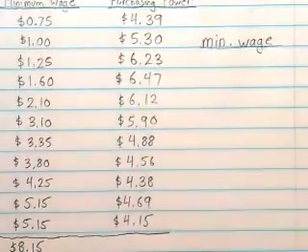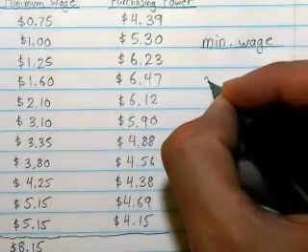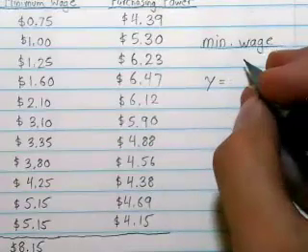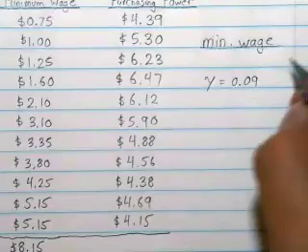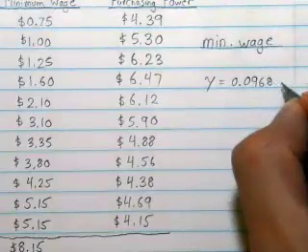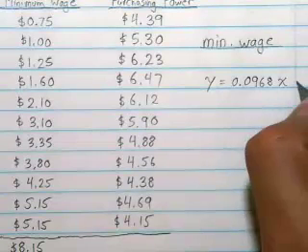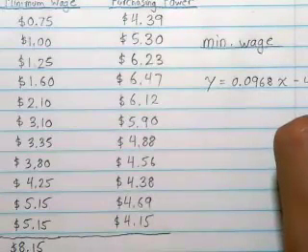You don't have to go crazy with it. Just steal those numbers and write out the equation. So for the minimum wage, it would be Y equals 0.09. I'll take it out to 4 decimal places. That's usually pretty safe, but I wouldn't go any further than that. And then minus 4.8818.